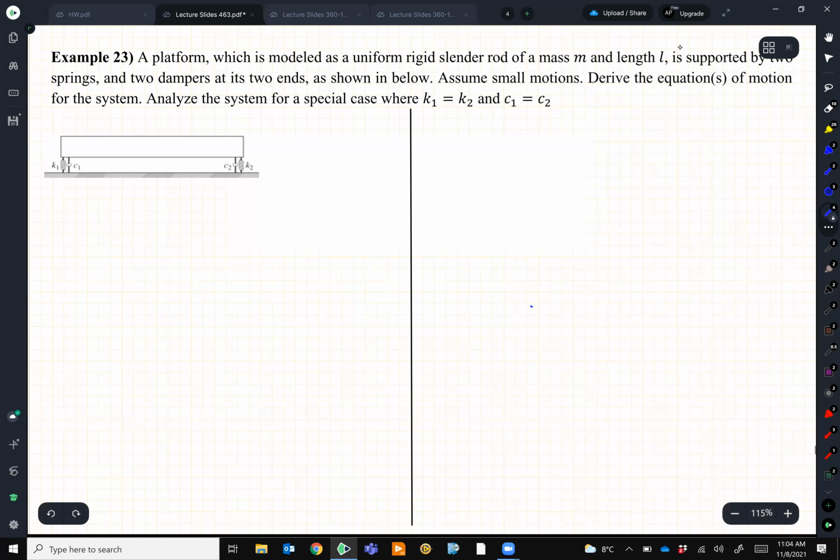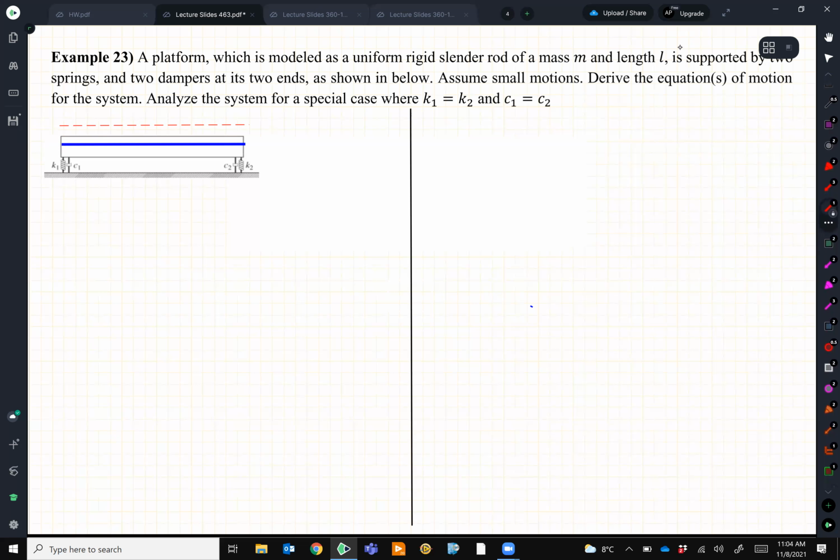So the center line of this bar, let's say I assume it as one line, that line obviously has 1 degree of freedom, it can move up and down. Let's say I assume that center line moves up in that direction, and since everything is symmetric, I can assume the center of gravity, G, is in the middle.